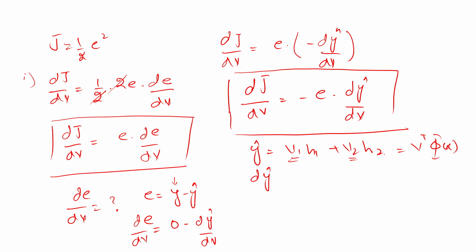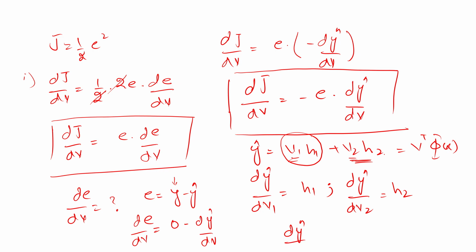So dy hat by dv1: this term does not have v1, so we only need the derivative of this, so this will become h1, right? Similarly, dy hat with respect to dv2 will be h2. In compact form I can write it as dy hat by dvi is equal to hi, right? It's just simple derivatives, not too difficult.